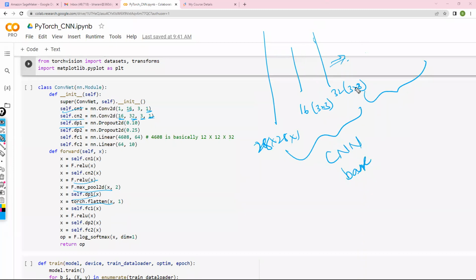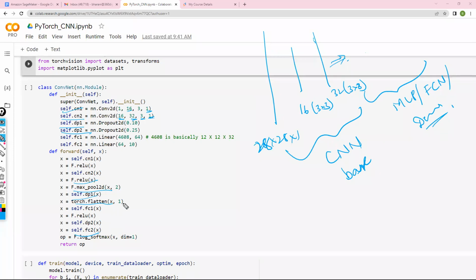Whatever you get from your CNN network, you take that and supply it to your MLP, which is called a fully connected network or dense network. Then ReLU, then dense network, dropout, then the fully connected network.